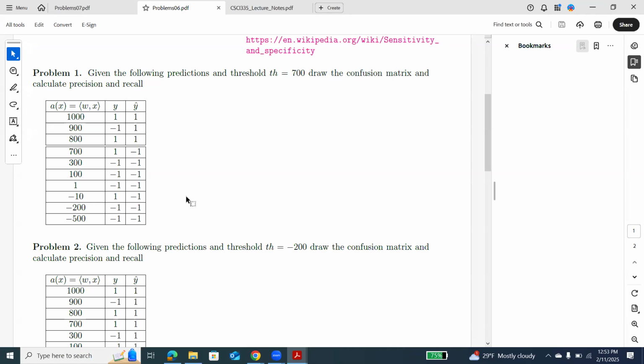So every point with linear function greater than 700 will be classified by our model as class 1, and points with this linear function smaller than the threshold will be classified as -1. But here we have true labels. So based on this, we should populate our metrics.